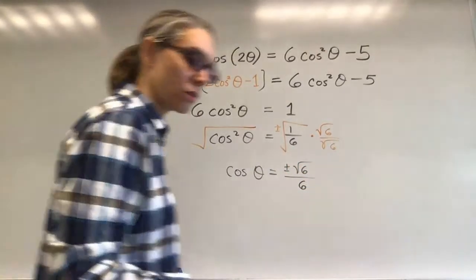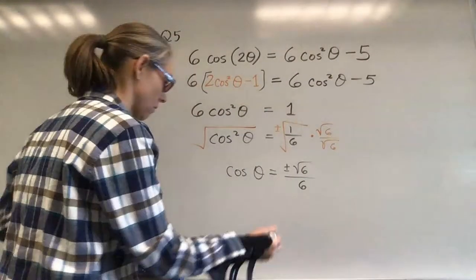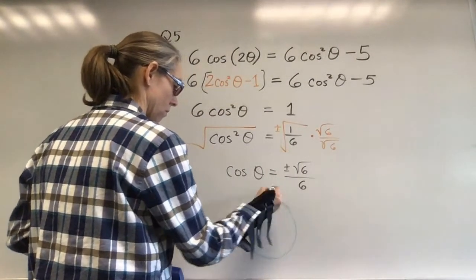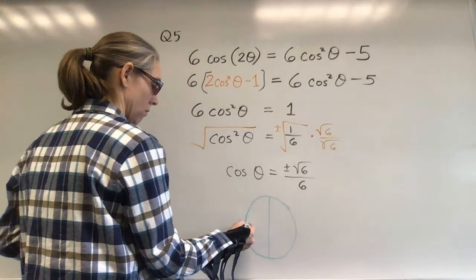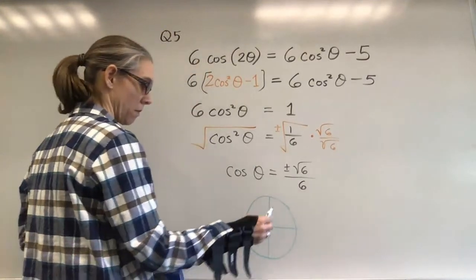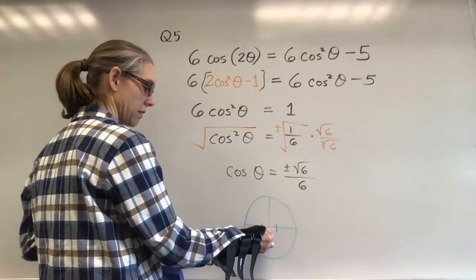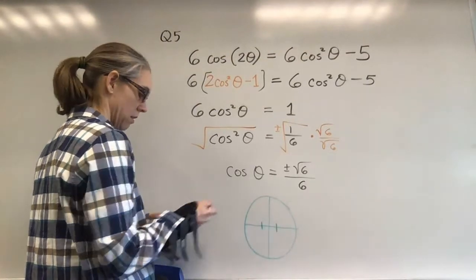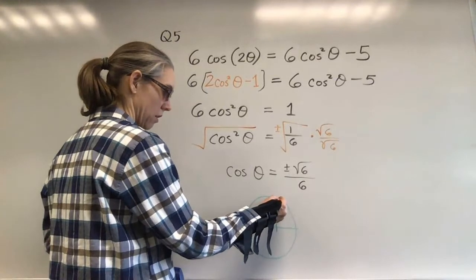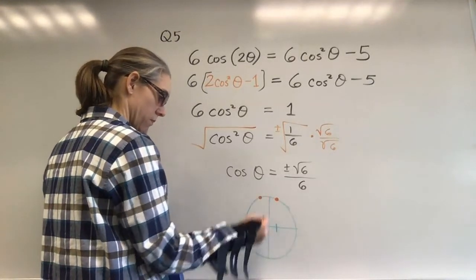So drawing the unit circle, we've got a notch on the positive axis and the negative axis. We've got some sort of value in each quadrant.